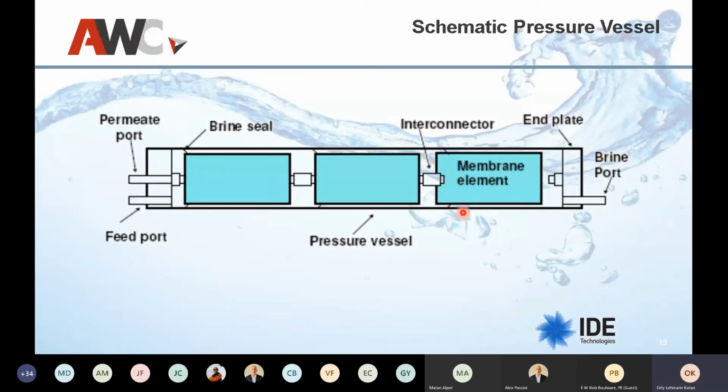Normally in RO seawater desalination, we are talking about between 7 and 8 membranes, connected here. We'll have the feed of the seawater, and the pressure will push water through the membrane into the permeate, which is collected in the permeate port, and the rest of the water slowly turns into brine as we move down the line of membranes and comes out the brine port.